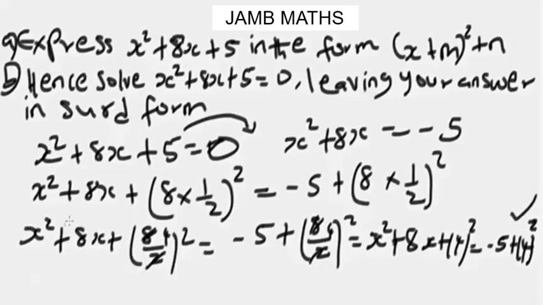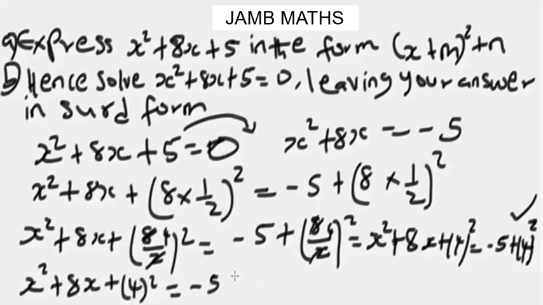So we have x squared plus 8x plus 4 squared equals minus 5 plus 4 squared. Now 4 squared is what? 16. Minus 5 plus 16 will give us 11. So we have plus 11.